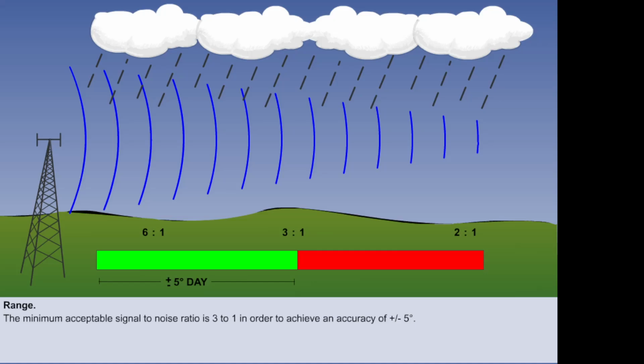As the range of the aircraft from the NDB increases, so the signal becomes weaker, and therefore the signal-to-noise ratio decreases. In the United Kingdom, the minimum signal-to-noise ratio, which is considered acceptable, is 3:1. This should produce a bearing accuracy of within plus or minus 5 degrees by day, only within the designated operational coverage.